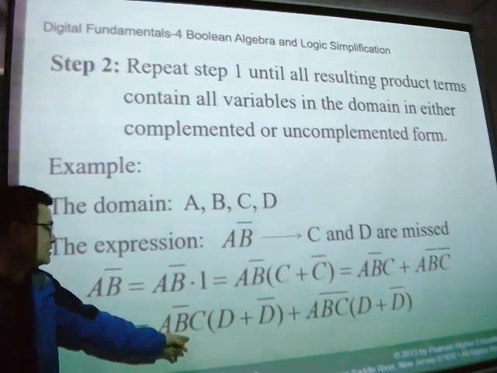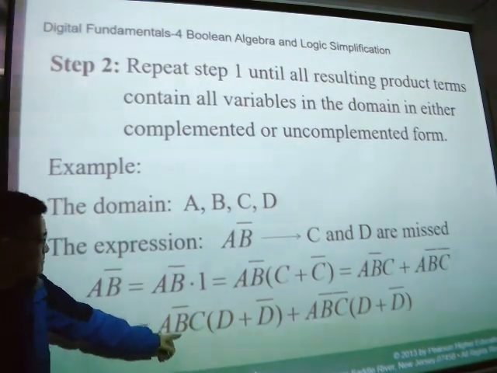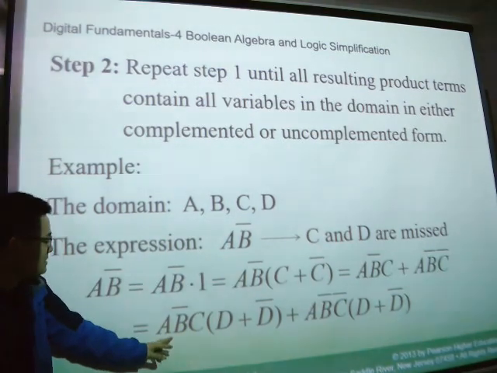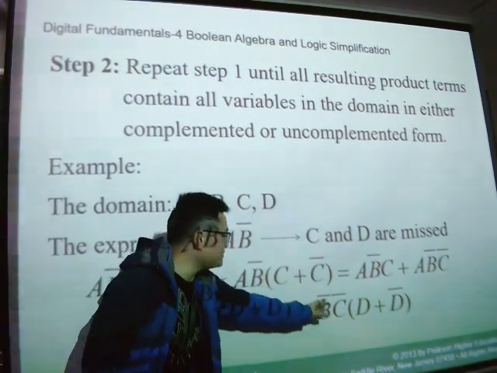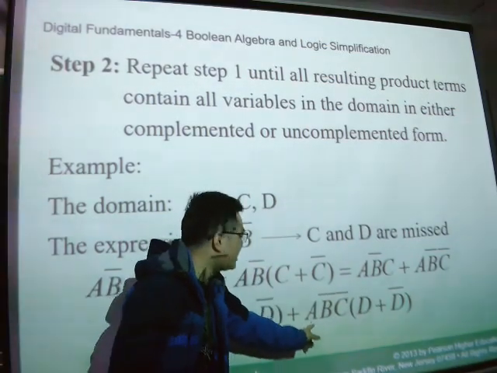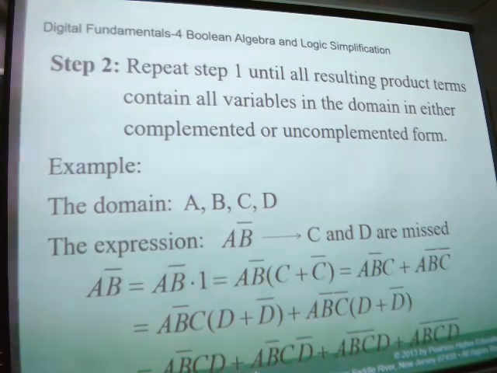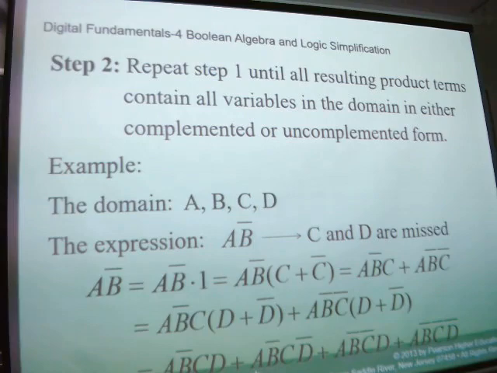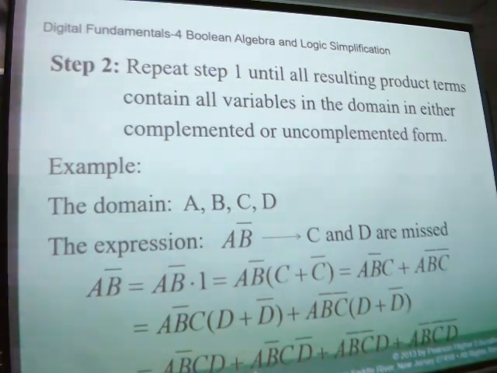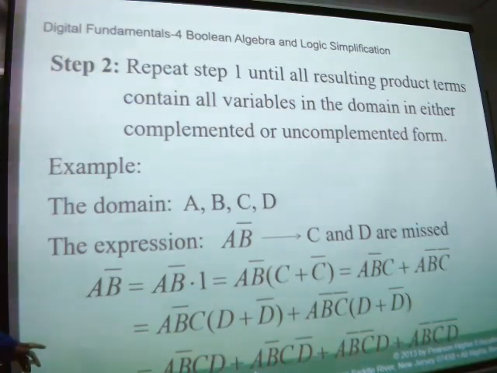Then according to the distributive law, it equals A B bar C D plus A B bar C D bar plus A B bar C bar D plus A B bar C bar D bar. So there are four product terms, and all the product terms include four variables.